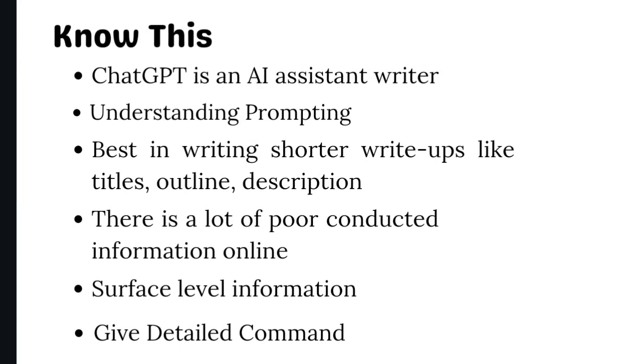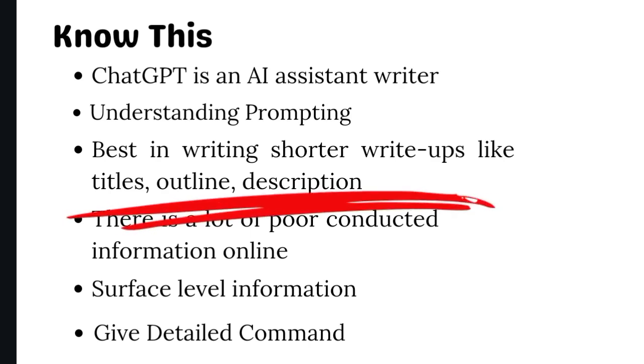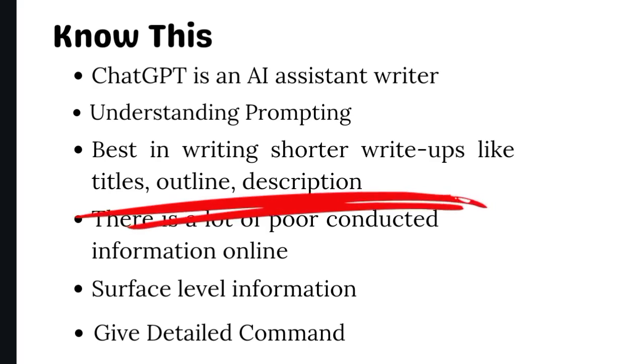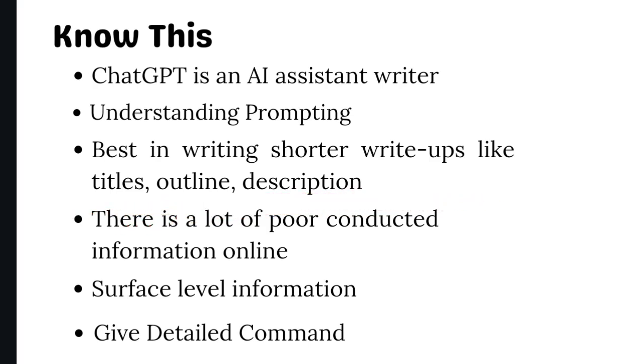Another thing I want you to know about ChatGPT is that it is best at writing shorter write-ups, like title, outline, book description, short story. That is what ChatGPT is best at.